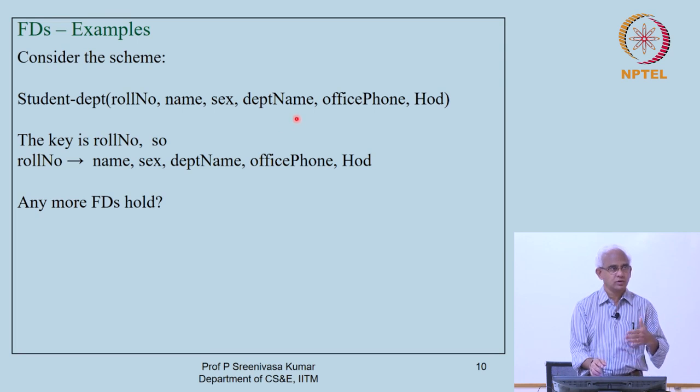Department names are unique. In an institute, we will not have two departments of computer science, right? The title of the department, computer science and engineering, refers to only one department.